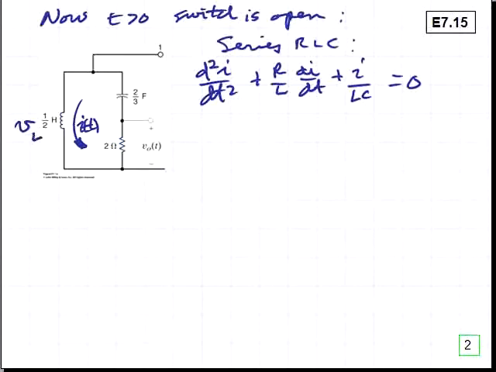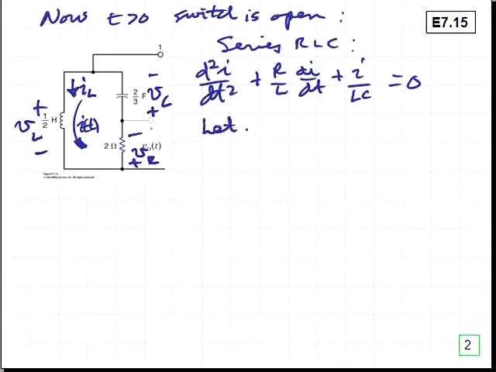Again, we have V sub L, V sub C, and V sub R in the circuit. And our I sub L happens to be coincident with that i of t circulating current.